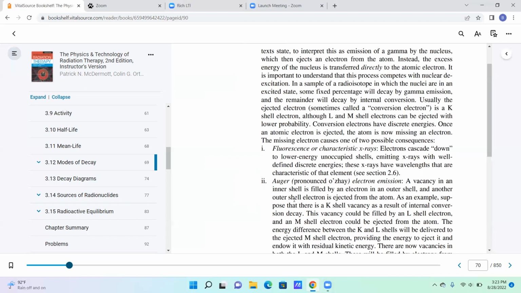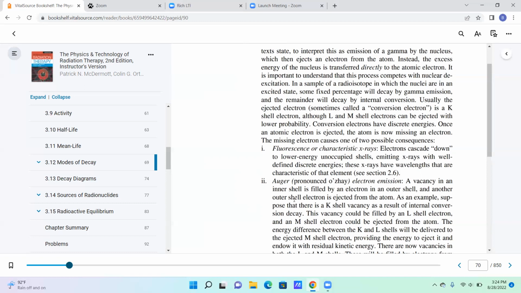So the missing electron causes one of two possible consequences: fluorescence or characteristic X-rays. Electrons cascade down to lower energy unoccupied shells. When they do that, they emit X-rays as well with well-defined discrete energies. And these X-rays have wavelengths that are characteristic of that element.